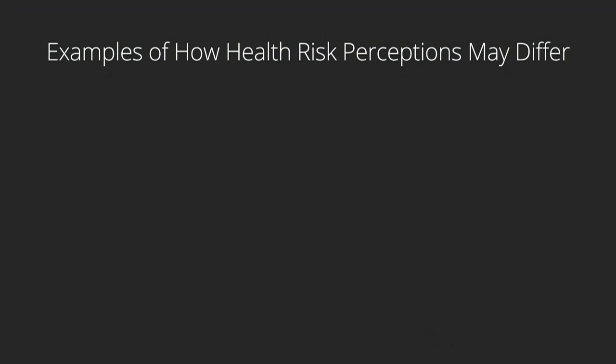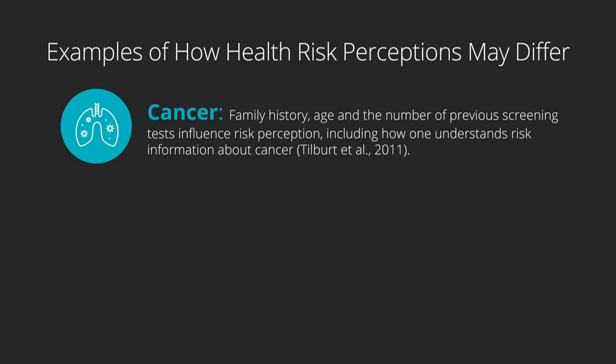These assumptions do not work in the same way for every type of health risk or disease. Certainly, risk perception includes some particular aspects according to the specific health condition or disease. Let me give you 3 examples. In cancer, family history, age, and the number of previous prophylactic or screening tests will influence cancer risk perception, including how one understands risk information about cancer.